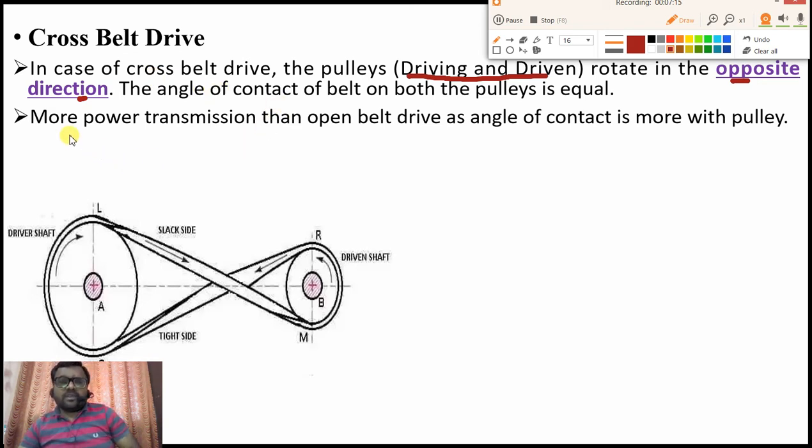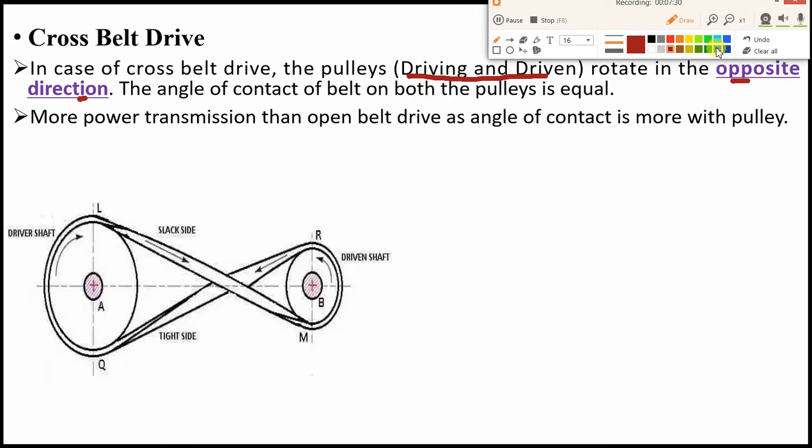Now if you compare the open belt and cross belt, there will be more power transmission in cross belt drive, because the angle of contact of belt on both pulleys will be equal, so there will be more power transmission.